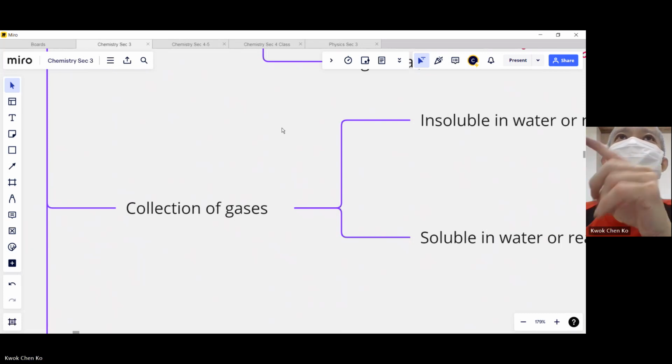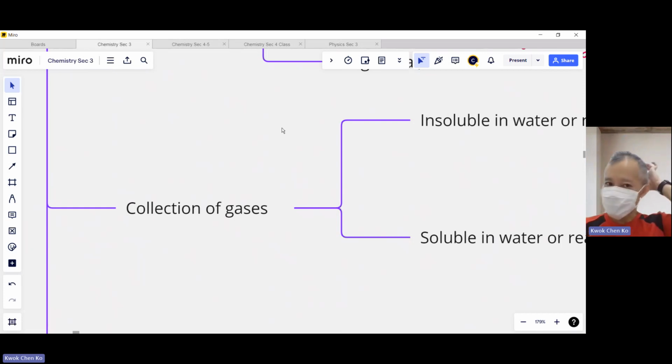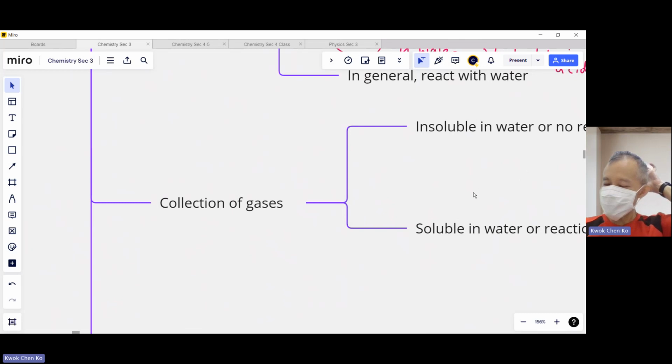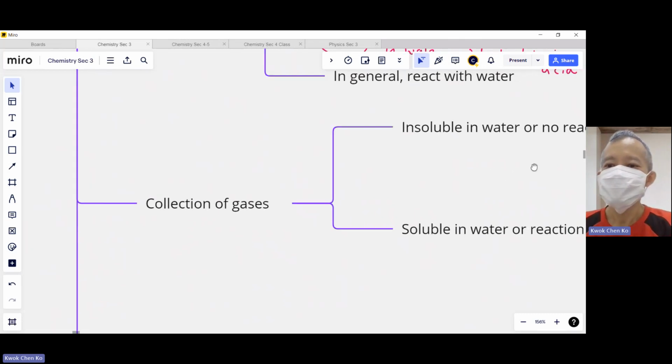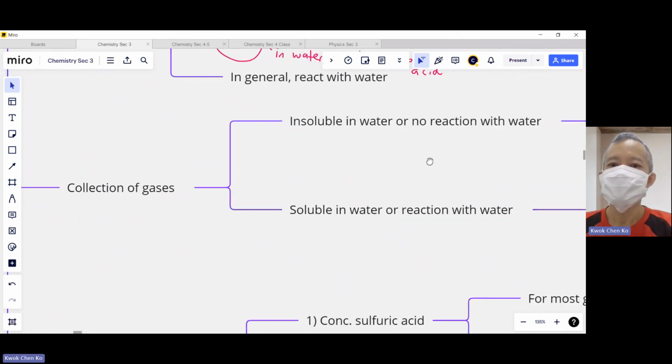Yeah, it can only collect small volumes. So keep that in mind. Okay, so for these collection methods, it depends on first thing: does the gas react with water, or does the gas dissolve in water?